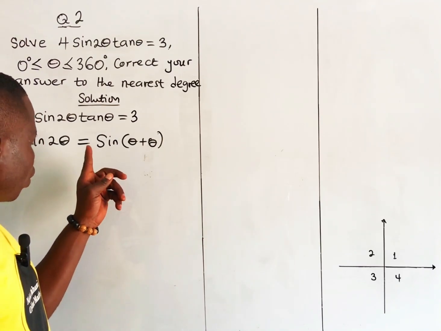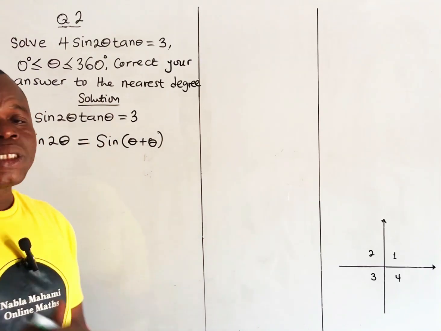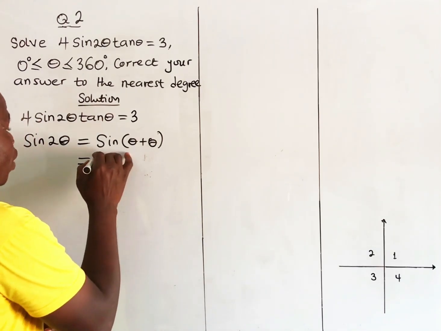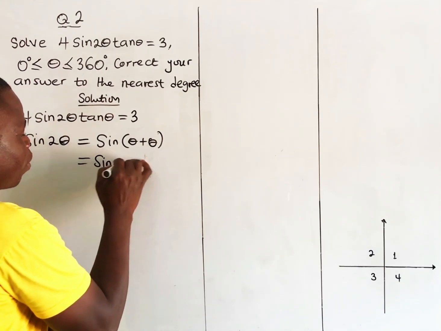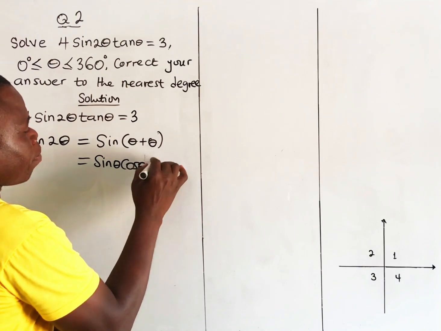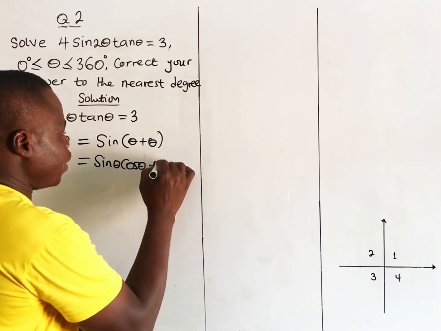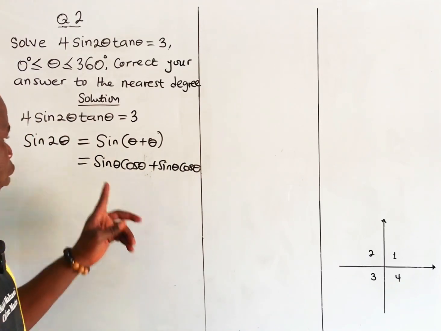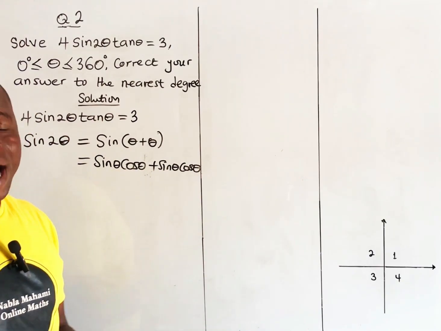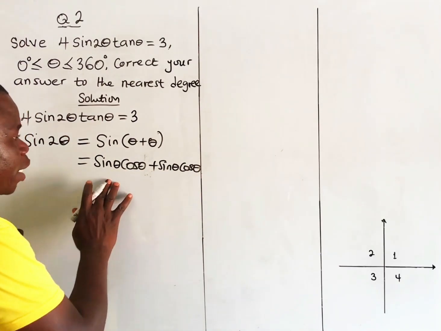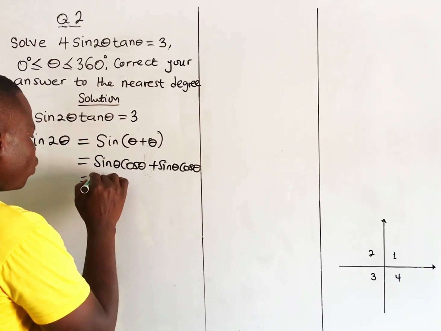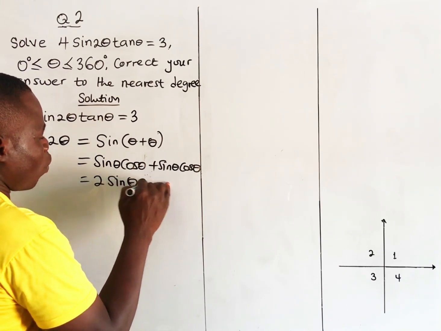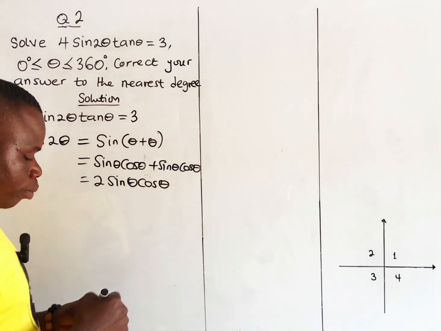Simplifying gives sine theta cos theta plus another sine theta cos theta. These are the same, so we can add them together and get 2 sine theta cos theta.